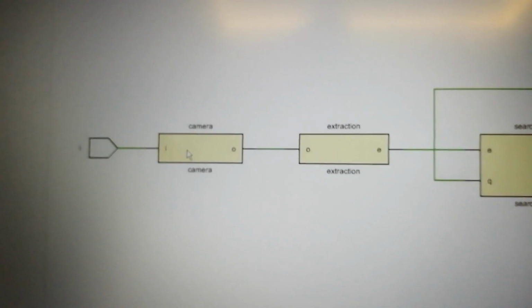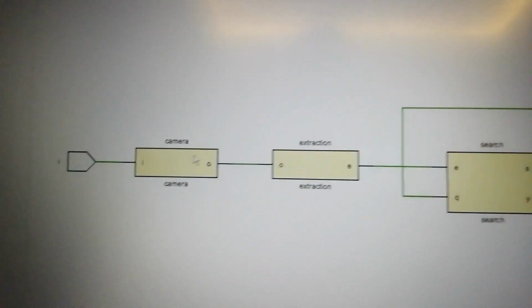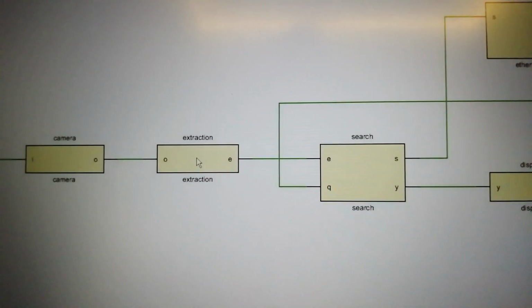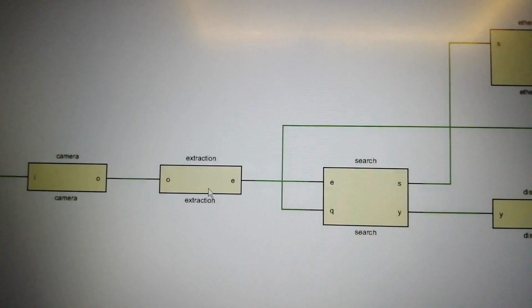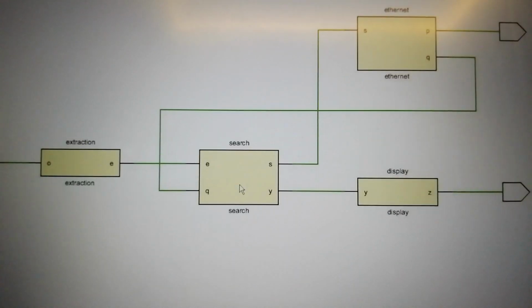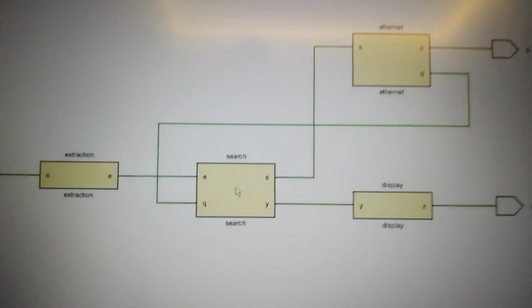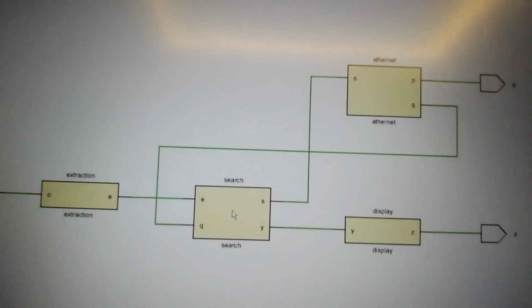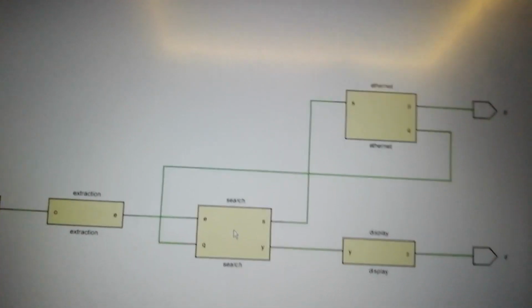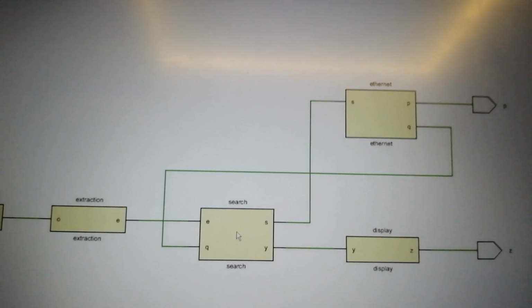Here we have a camera as an input device. After it there is an extractor which does the extraction part. After it we have a search module to search the internet servers for the antique books, such as abc.com.